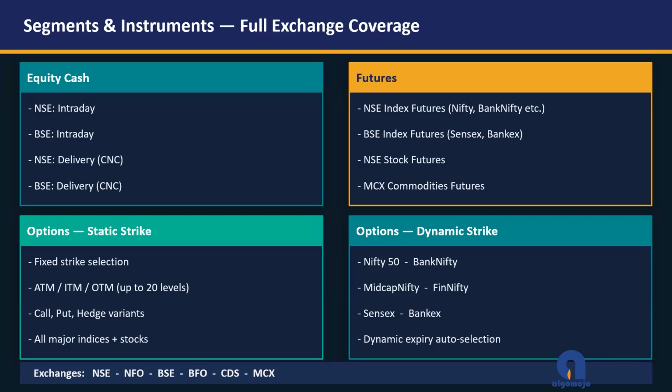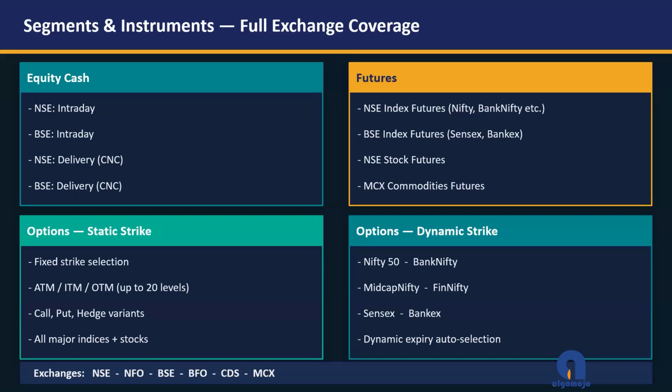In terms of options, you can trade in static strike. You can define a fixed strike selection, say an ATM, ITM, or an OTM up to 20 levels. You can select ITM or OTM with call or put or hedge variants. This is good for strategies with predefined strike logics.